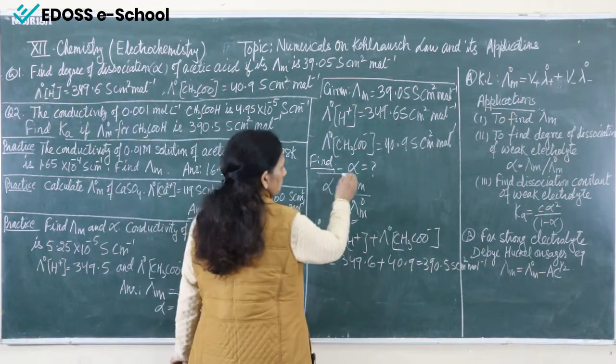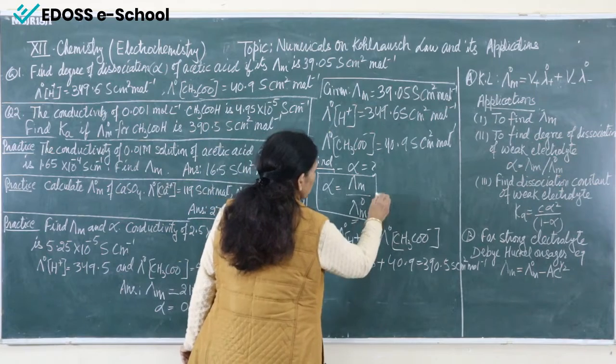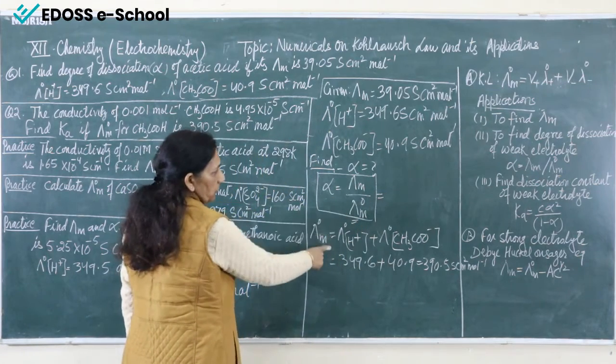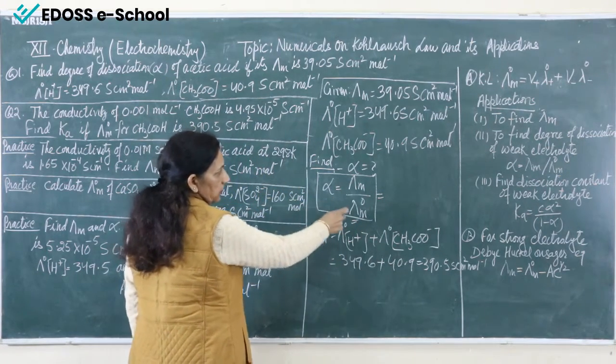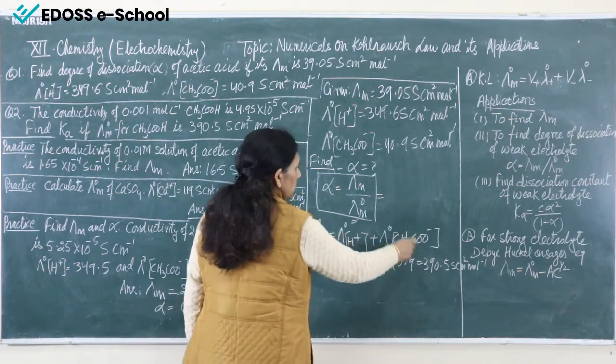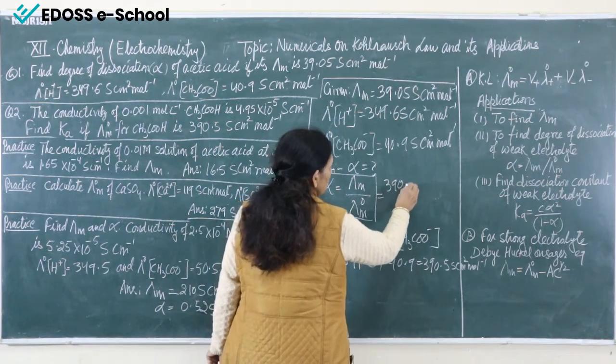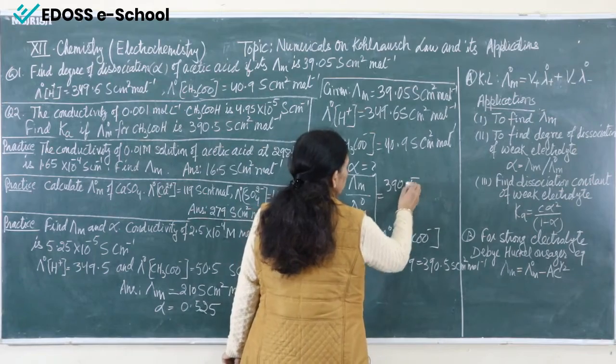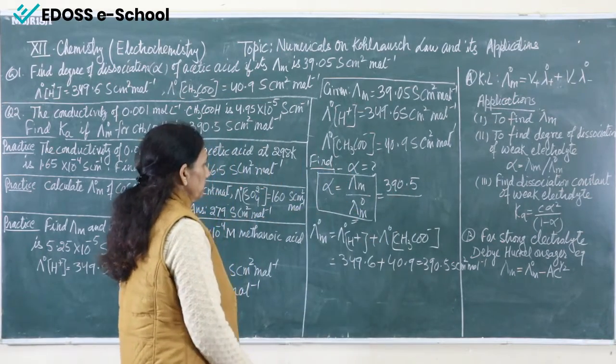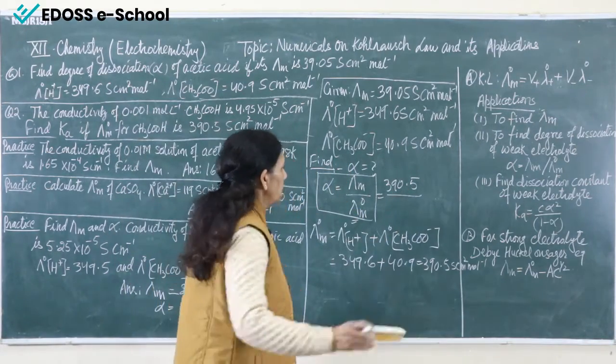Now, in this formula, we will put this value. So, alpha is equal to, no, this is lambda m we have to put first.